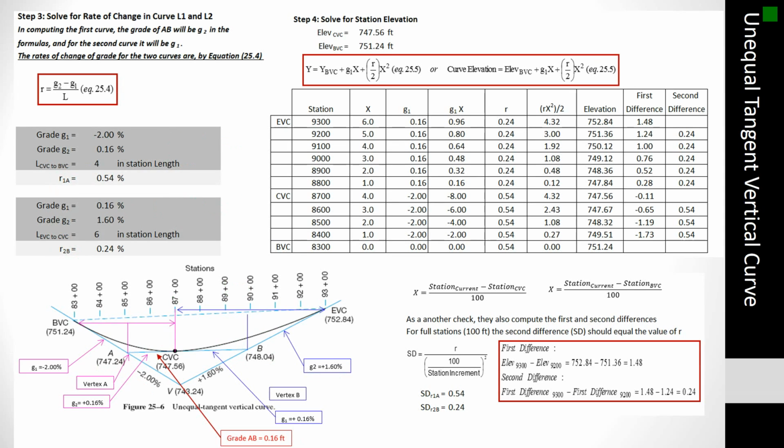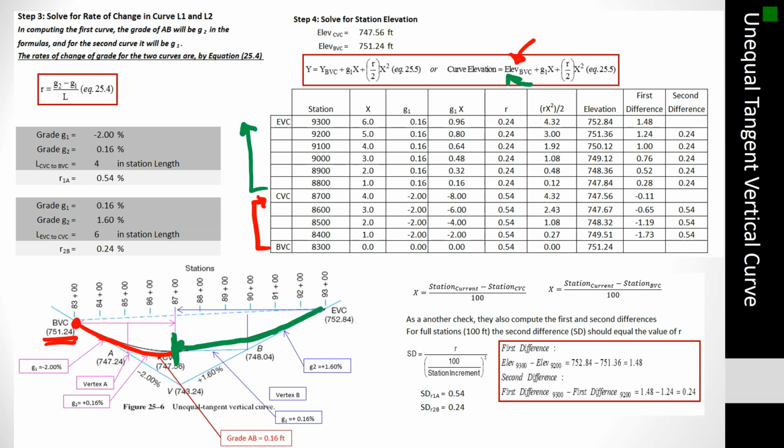Now, we have two start points. In this first curve here, our beginning point is the 751. So from here to here, we're going to use the 751 for the elevation at the beginning of curve in the equations. Now, when we do the second curve from here up, this point right here is going to be our beginning of vertical curve, and we'll use that elevation for the calculations up.